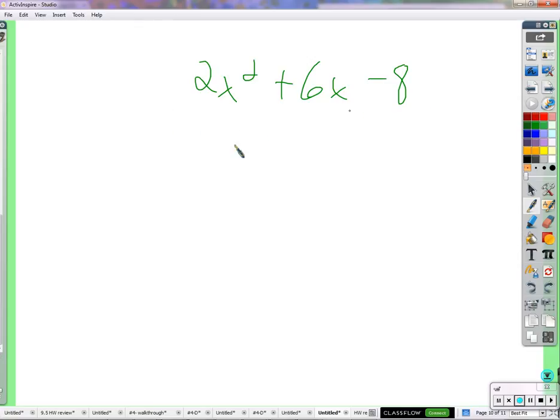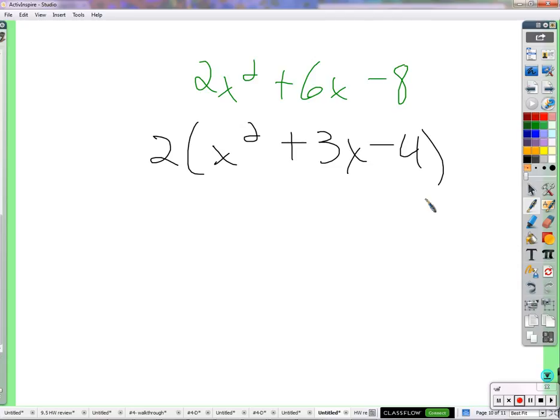What do all 3 of these have in common? 2. That's what I should start with. Because that's how we would start this problem. And now it's just x squared plus 3x minus 4. That's factorable the old way, the old easy way of just figuring out what multiplies to negative 4 and adds to 3. So x plus 4 and x minus 1.